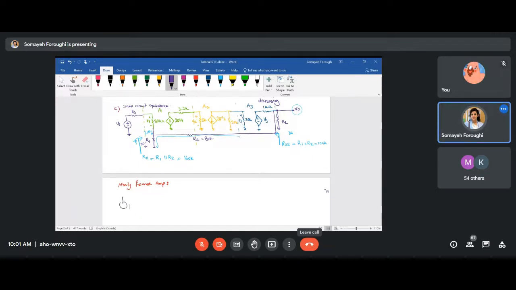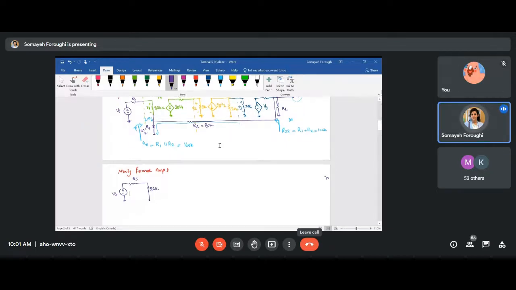So it will be something like VS, we have RS, we will have 82K, and in the following, I'm going to have R11, so R11 will show up here as it is connected to 82K along.